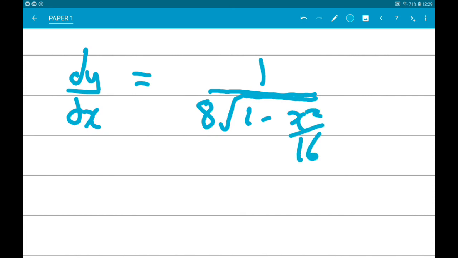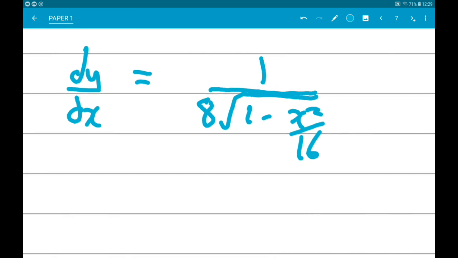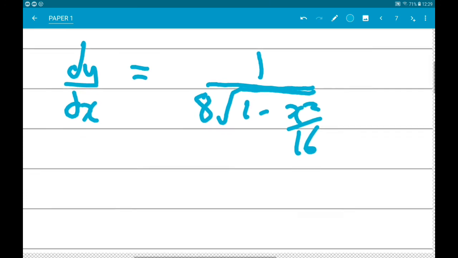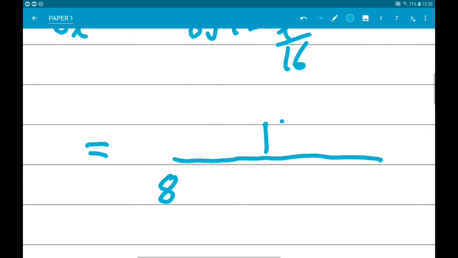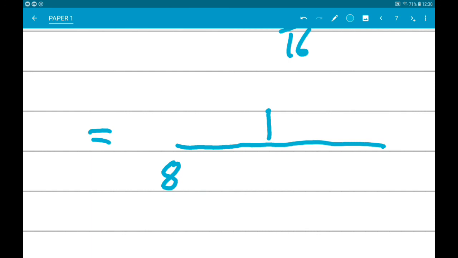So, what we now want to do is bring out that factor of 16. So, this is now 1 over 8 times the square root of 1 over 16 times the square root of.